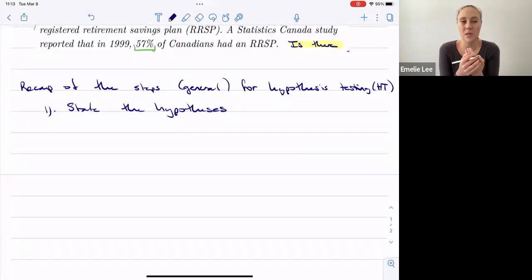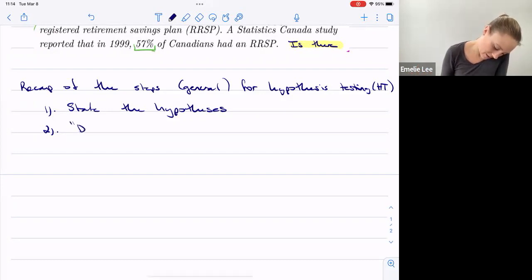Now, a lot of these steps aren't really going to make sense because we haven't seen them yet, but I like to introduce the entire flow and then we'll fill it in as we go. So first step, we're going to state the hypotheses, and then we're going to come back and talk about exactly how that works in this question. The second step, I usually call it do the test. That's actually really vague, but I'm still going to call it that.